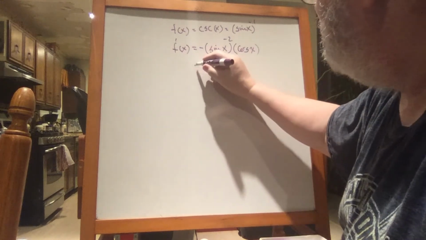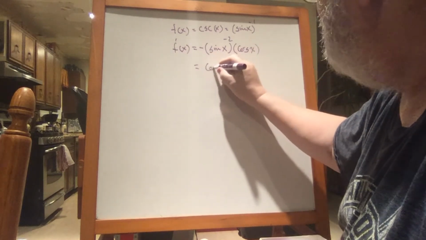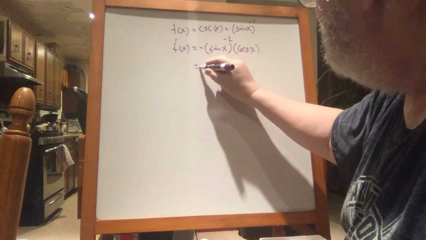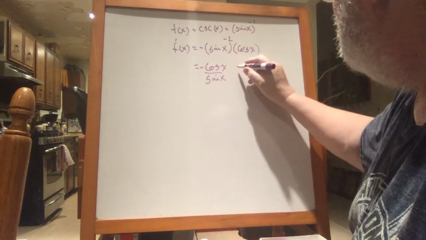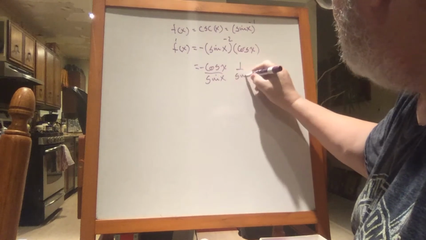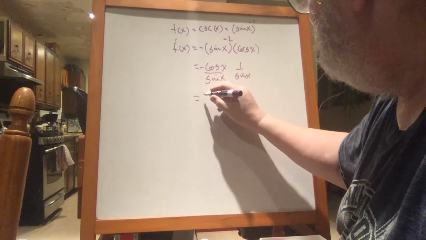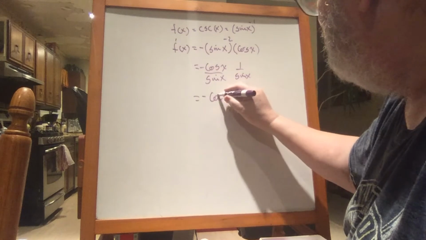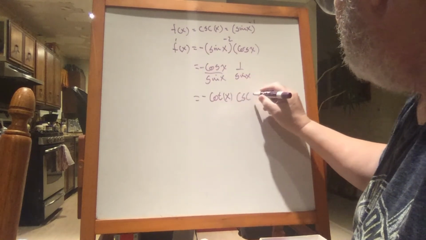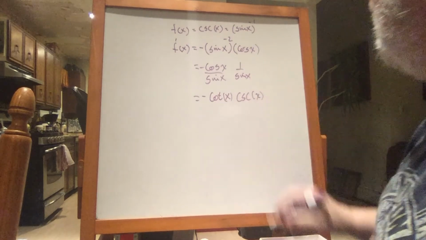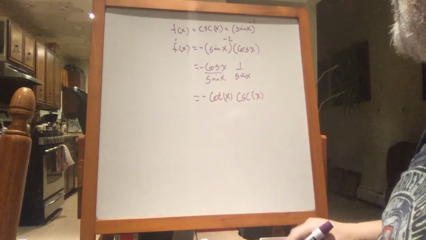And that happens to be negative cosine of x over sine of x times 1 over the sine of x, and that's equal to the cotangent of x times the cosecant of x, with the minus sign.